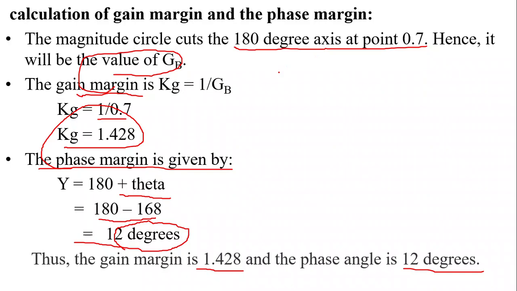These are all about the polar plot for different values of frequencies from 0 to infinity. From the polar plot representation, we calculate the gain margin and the phase margin. Now we have a clear idea of our polar plot.